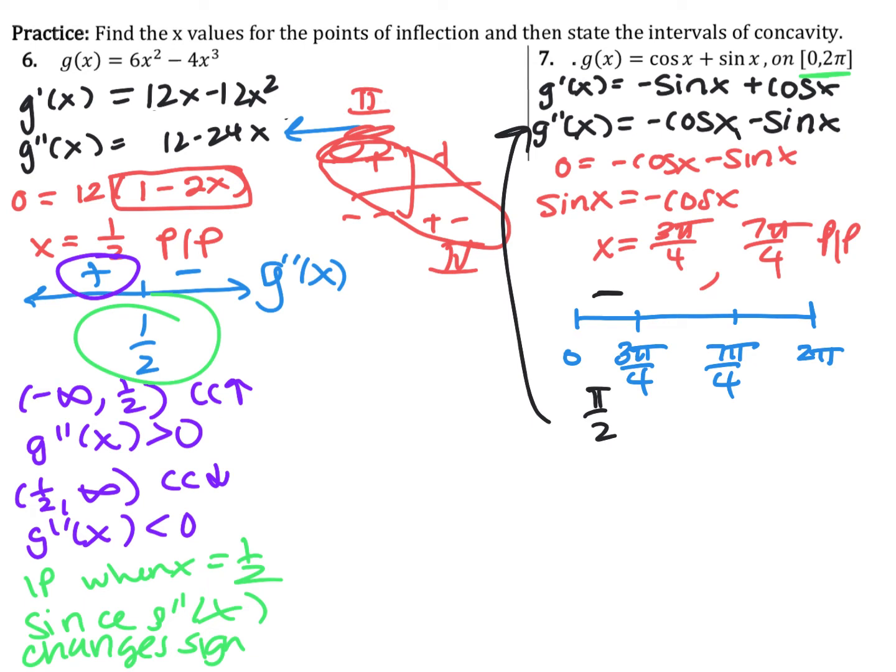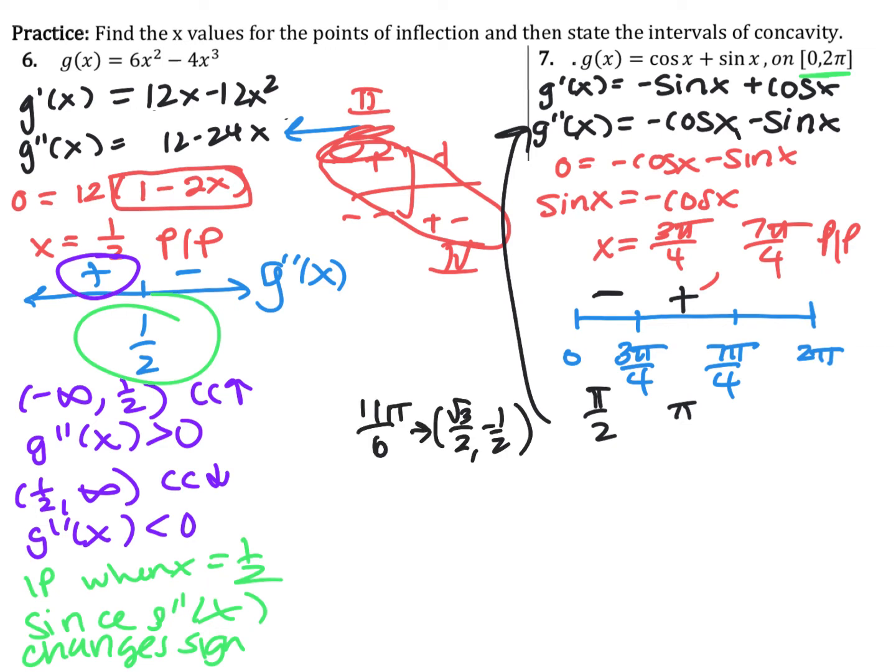If I plug in something between 3 pi over 4 and 7 pi over 4, let's say pi. Cosine of pi is negative 1, so I have the opposite of negative 1. Sine of pi is 0, so this is going to be a positive section. And then last but not least, if I'm looking at the region between 7 pi over 4 and 2 pi, I could think about the point that is at 11 pi over 6.